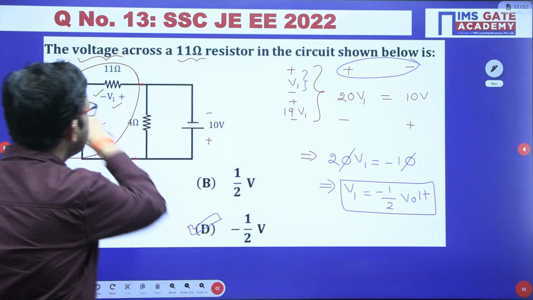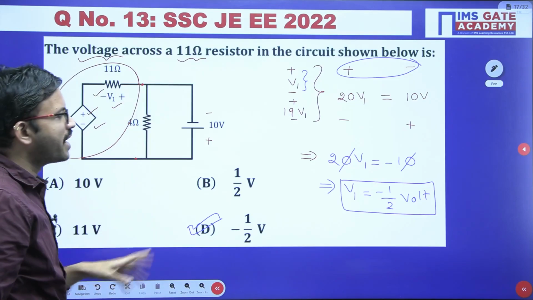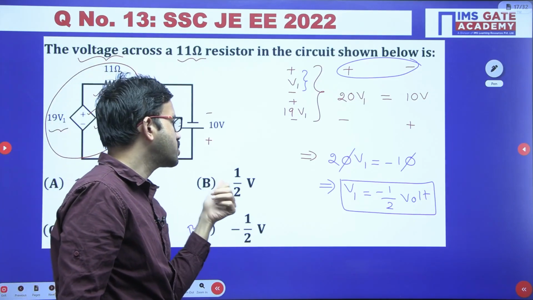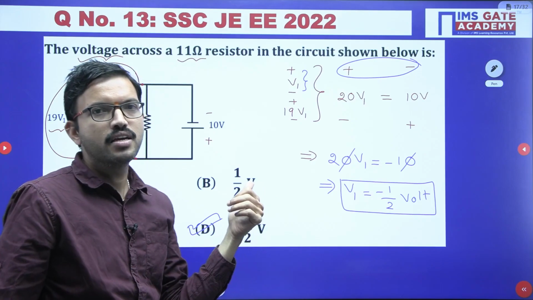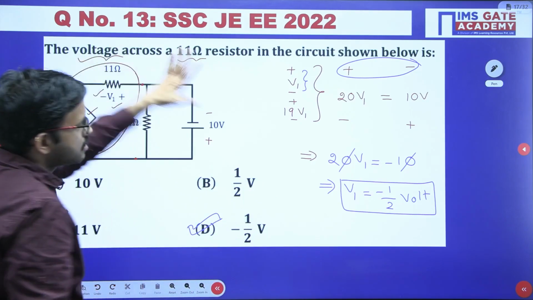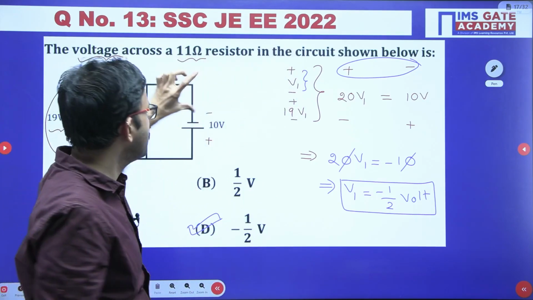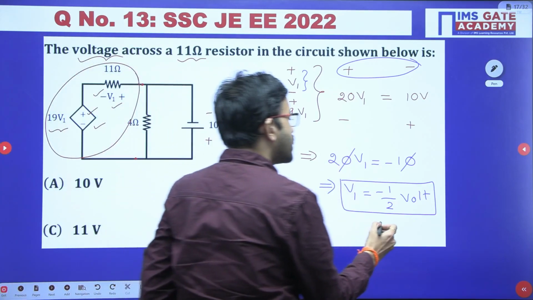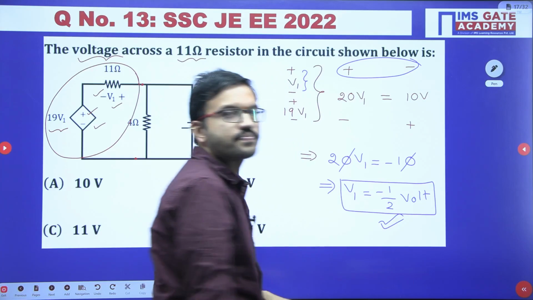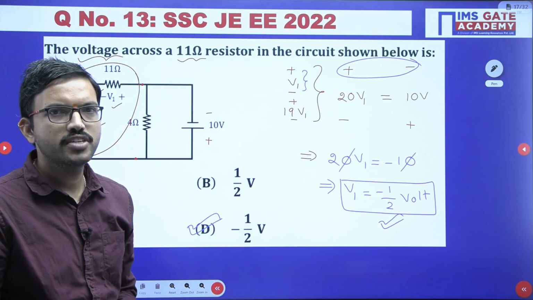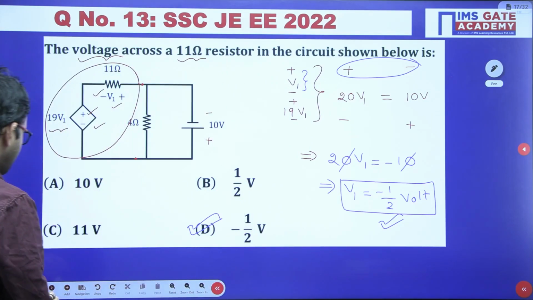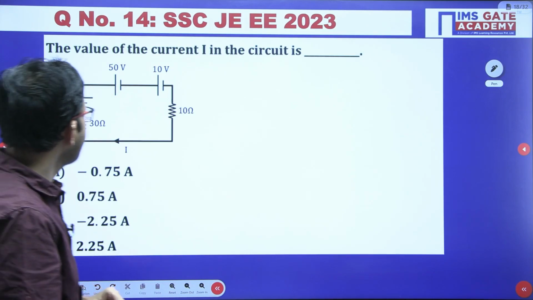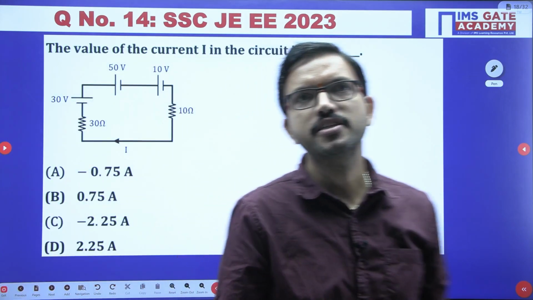But when you look at it like this, some of you might have attempted this question by choosing option B. At that time, just arrange it like this, then you get the polarities exactly the same. Then whatever final value you get, accordingly you can choose, that's all. I hope it is clear for everyone. Yeah, next question, all of you give a try.